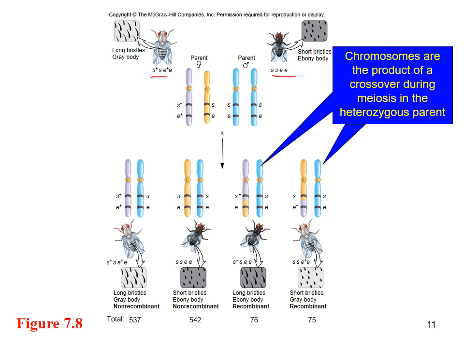We're doing our test cross where we have our heterozygote mixed with our homozygous recessive. And we're interested in following the long bristles and gray body phenotypes versus the short bristles and ebony body phenotypes. And what we see happening based on our predictions and our observed number is that the chromosomes of the heterozygous parents are exhibiting crossing over.